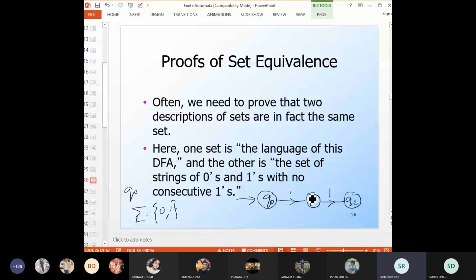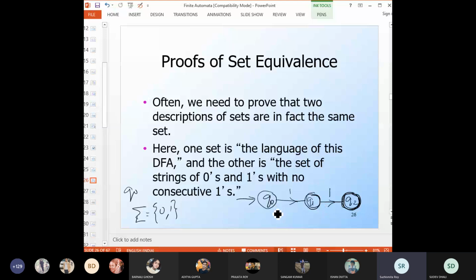Whenever we make this transition, we are trying to identify the set of strings of zeros and ones with no consecutive ones. So this final thing that we have put here, Q2, should not be a final state. This is not a final state. I don't know why I messed it up. It is not a concentric circle.